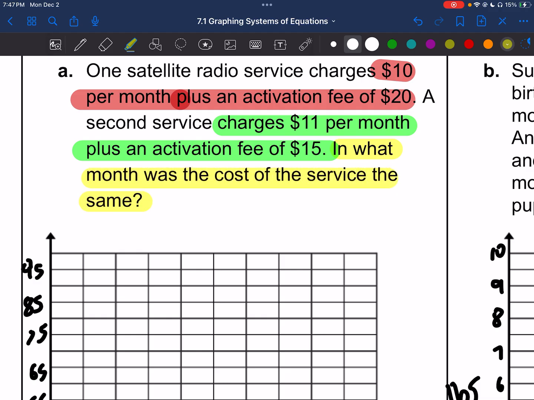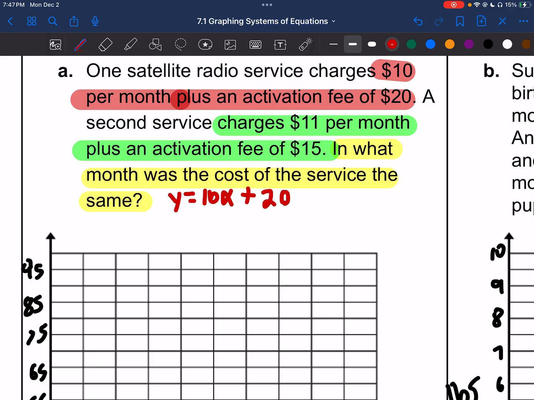So what am I trying to find? I'm going to try to find when these two equations are going to be equal to one another. So my first line, the red equation, we're going to have $10 per month. So y is equal to $10 per month plus $20.